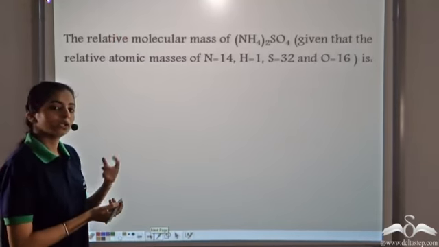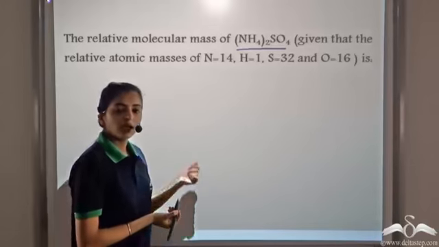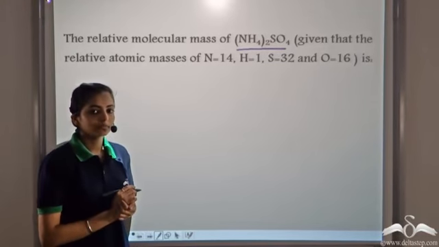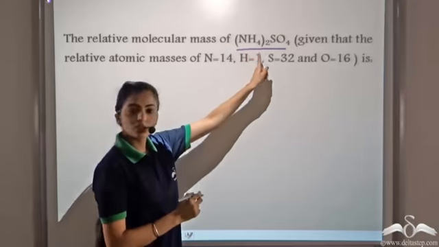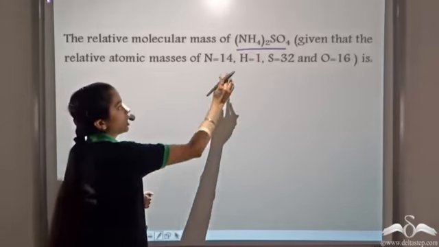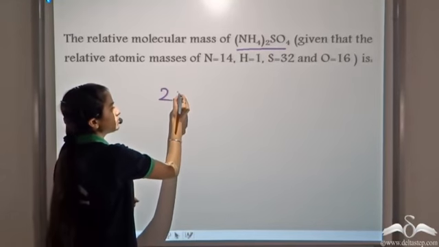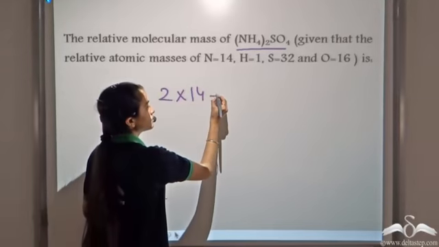Similarly, if we have one other molecule, which is (NH4)2SO4, and we have to calculate the relative molecular mass of this molecule, we simply add the relative atomic masses of each of the species. Now, in this case, we have 2 atoms of nitrogen, each having the relative atomic mass 14.